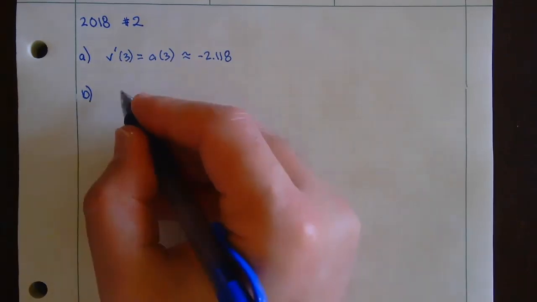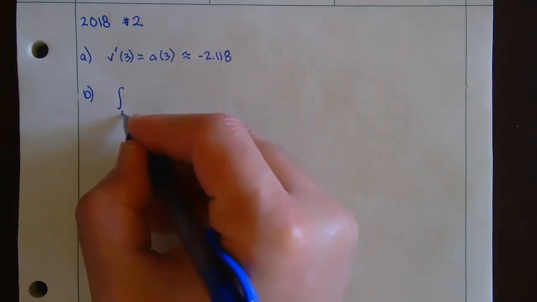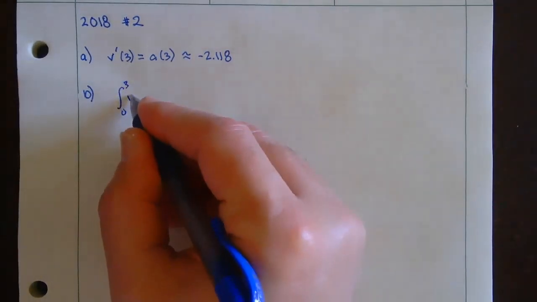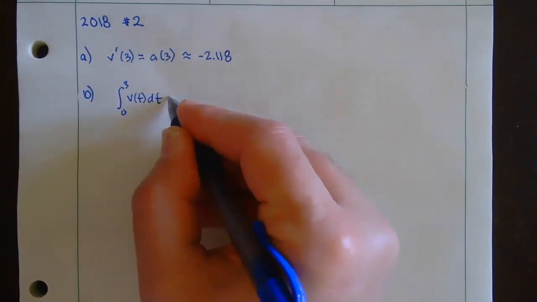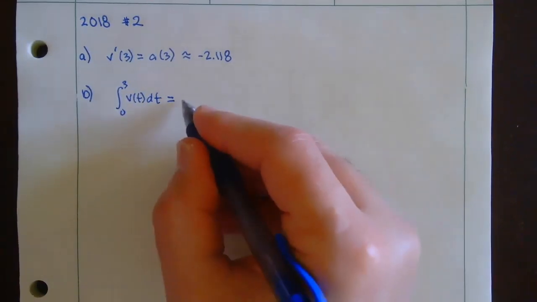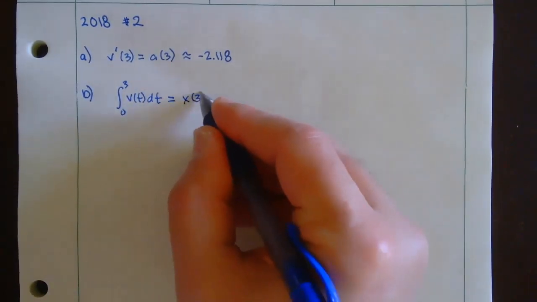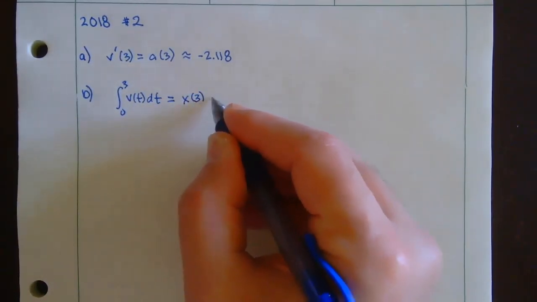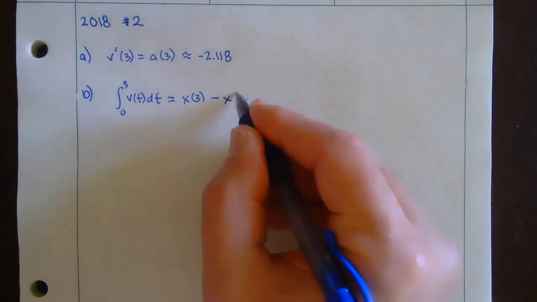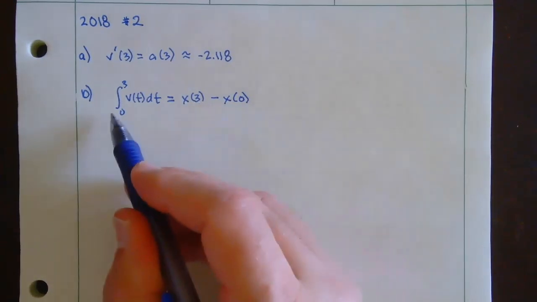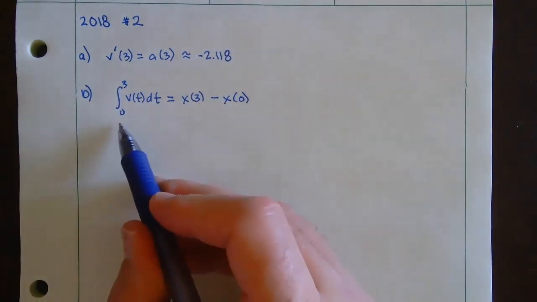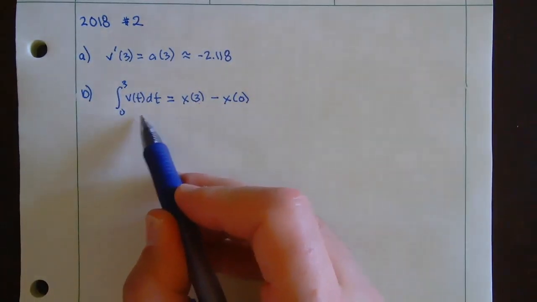Okay, so for part B, if we integrate from 0 to 3 of v of t dt, I know this is going to be equivalent to x of 3, the position on the x-axis at time 3, minus the position at time 0. And if I move this over, I would have x of 0 plus the integral from 0 to 3 of v of t dt.